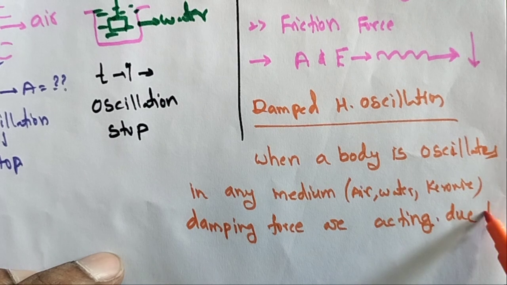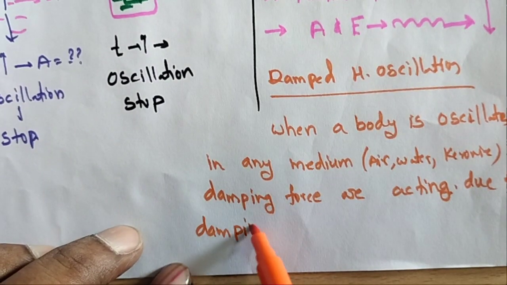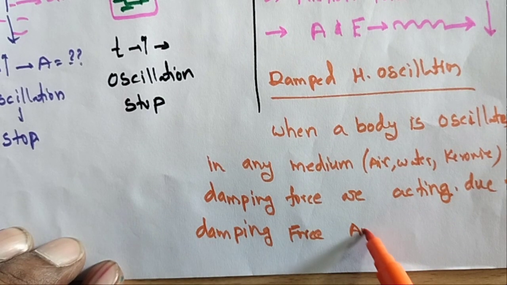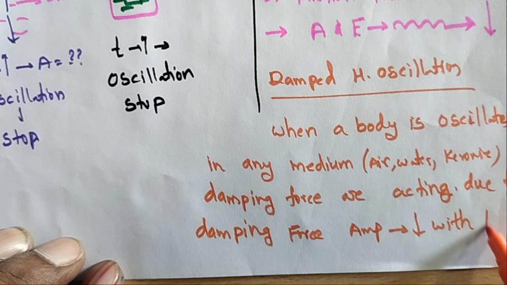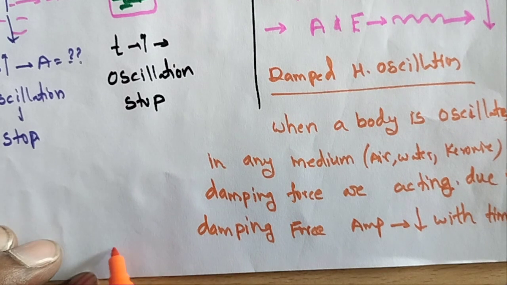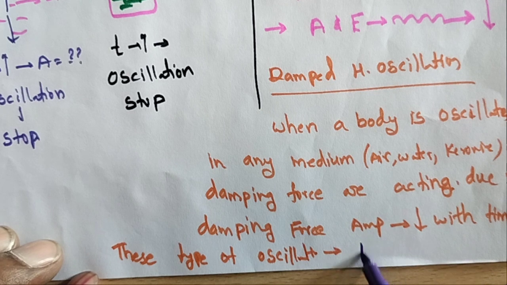Due to the damping forces, the amplitude decreases with time. This type of oscillation is called damped harmonic oscillation.